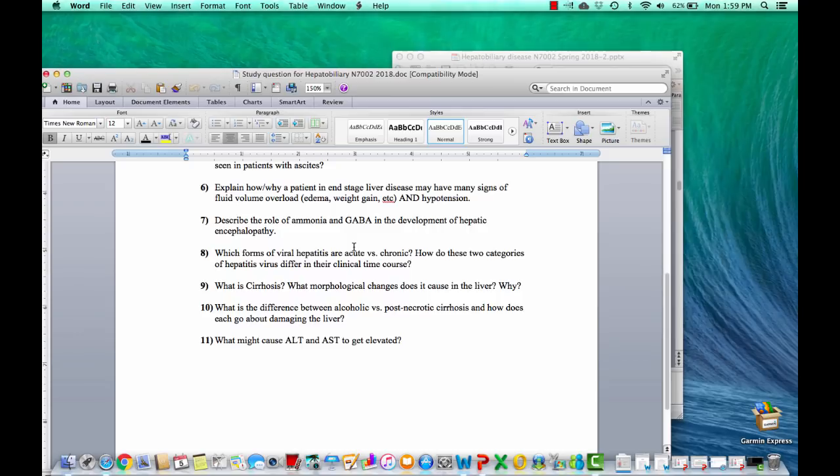Now, what morphological changes happen to the liver? So first of all, what's going to cause cirrhosis, whether it's viral or because of alcoholism or because of something else? What causes cirrhosis? Chronic injury, chronic inflammation, okay? And very, very chronic injury and inflammation, because the liver is never getting a respite from the injury.